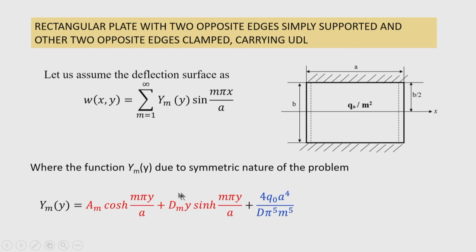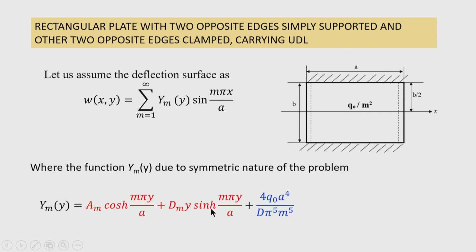First derivative: you can see this is the constant term, so the derivative of this term with respect to y is 0. But when I differentiate this term with respect to y, a m, then m pi by a will come out as constant, and cos hyperbolic will be converted to sin hyperbolic m pi y by a. Now, here you are getting a product of two functions of y, one is y and another is sin hyperbolic m pi y by a.